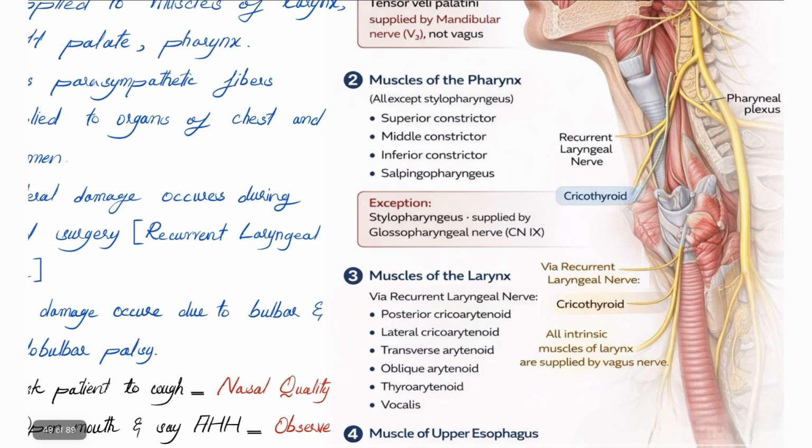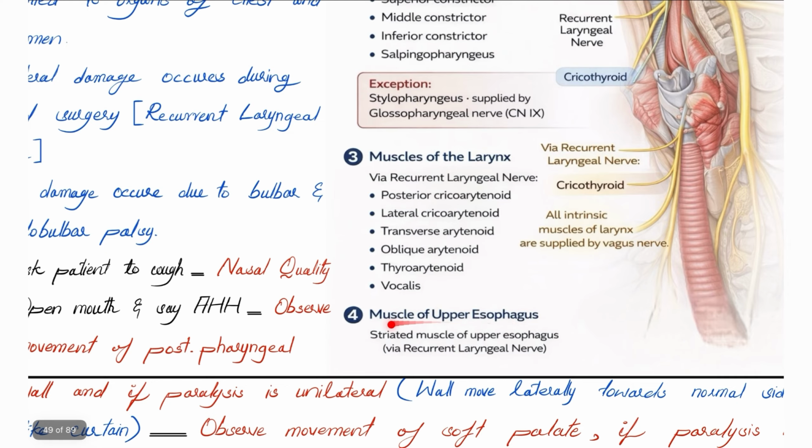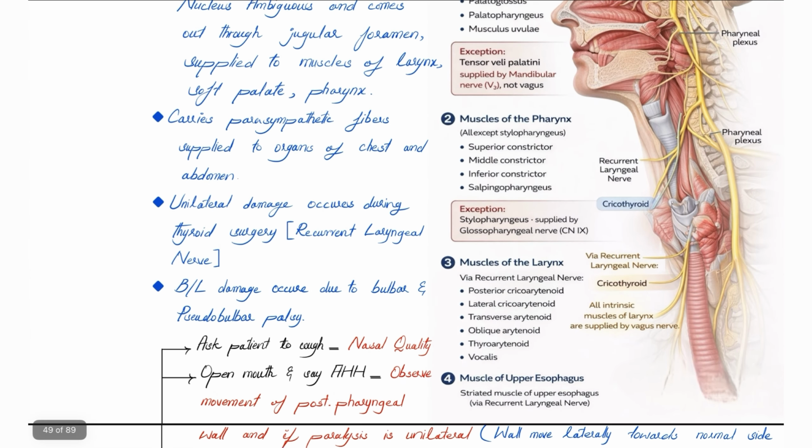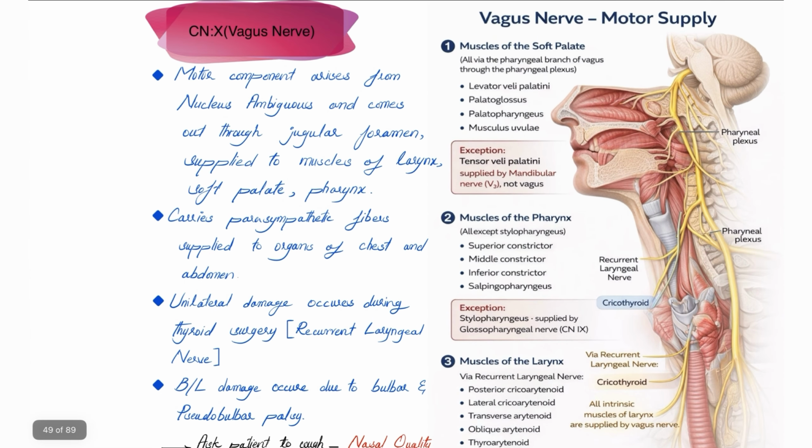The muscles of the larynx, which are supplied by the recurrent laryngeal nerve, are posterior cricoarytenoid, lateral cricoarytenoid, transverse arytenoid, oblique arytenoid, thyroarytenoid, and vocalis. And the striated muscle of the upper esophagus is also supplied by the recurrent laryngeal nerve. So these are the muscles which are supplied by the motor component of the vagus nerve.